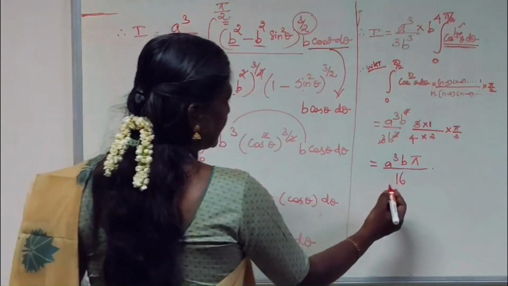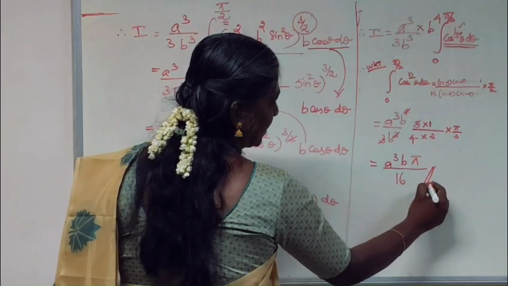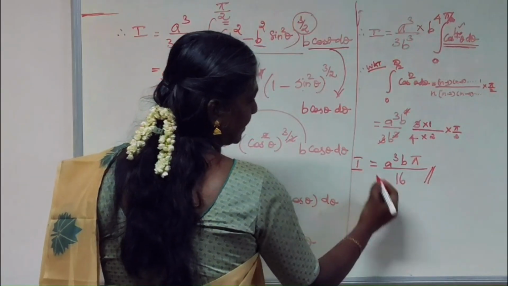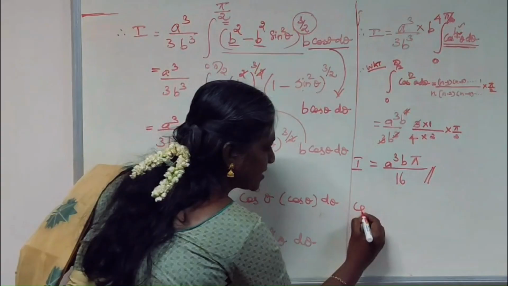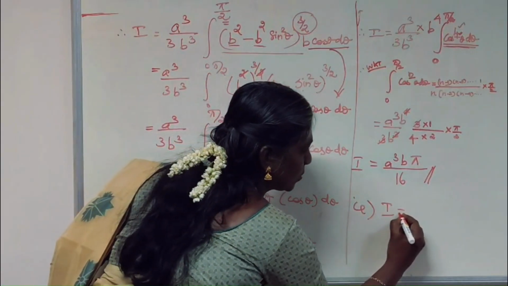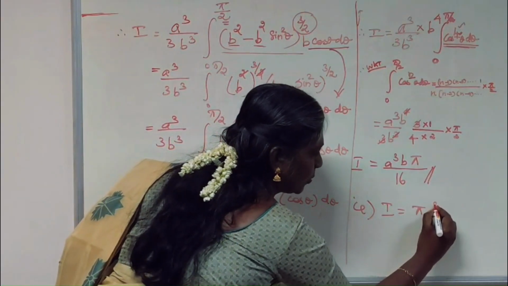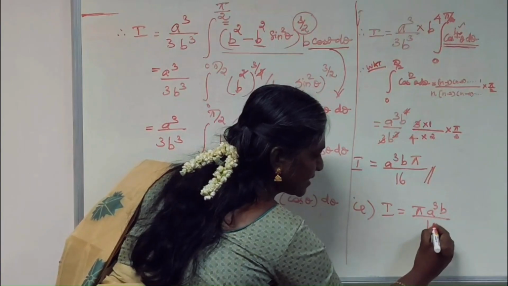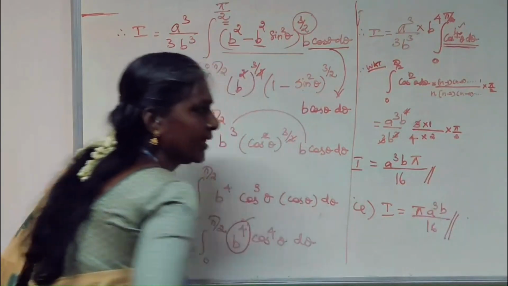So this is the answer for the integral I, that is I is equal to pi a cube b by 16. That is the required answer. Thank you.